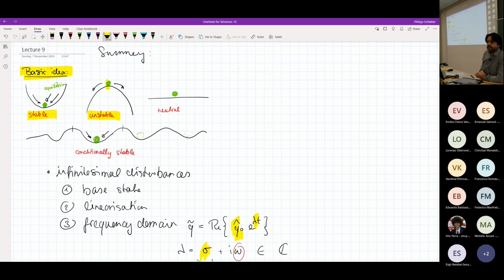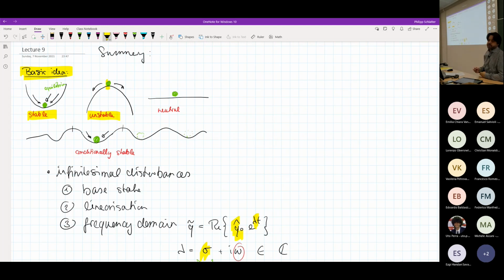As we have seen in the videos that I showed you last week, these wavy-like disturbances grew, and at some point they were large enough to initiate turbulence. That's the reason why we're also interested in that. So stable and unstable, I guess this is pretty clear what is meant.